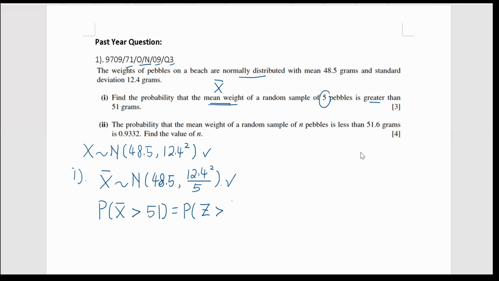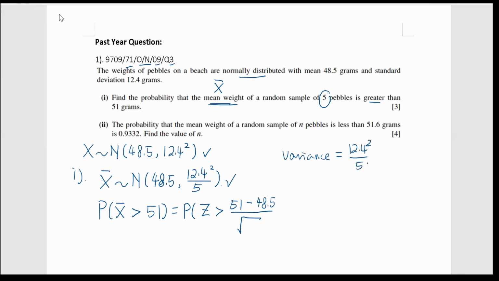So which means we are going to take this value, 51 minus the mu, divided by the standard deviation. Can you see this value, the whole thing is the variance, sigma squared, or I just put it in a sentence, the variance. So the variance is this.